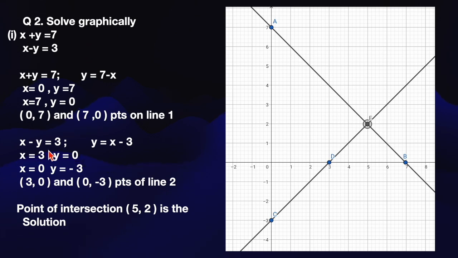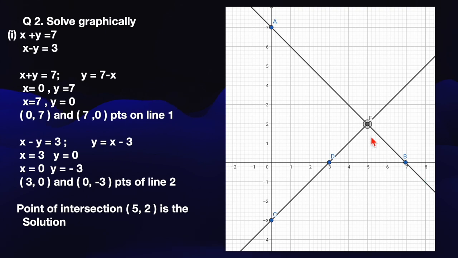Now take the second line, x minus y is equal to 3. y is equal to x minus 3. Put a value of x as 3, you get y is equal to 0. Put x as 0, you get y is equal to minus 3. Again, two simple points. You can easily plot it. This is 3, 0 and this is 0, minus 3. Draw a line.